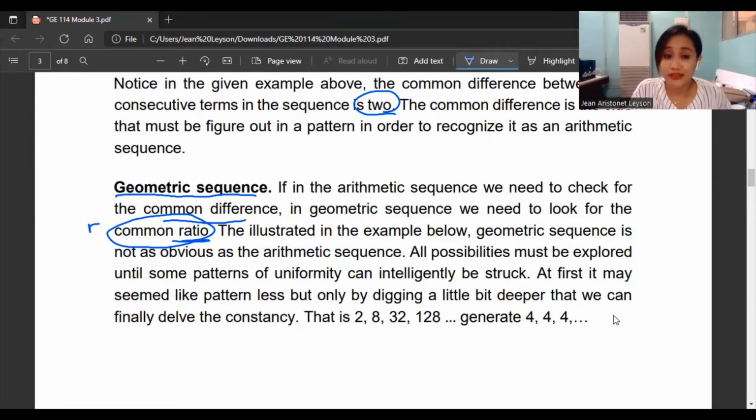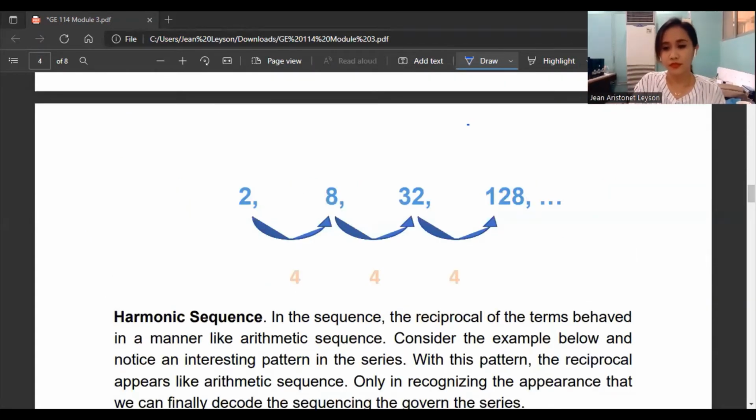At first, it may seem patternless, but by digging a little bit deeper, we can finally find the constancy. For example, we have the set of numbers 2, 8, 32, 128.